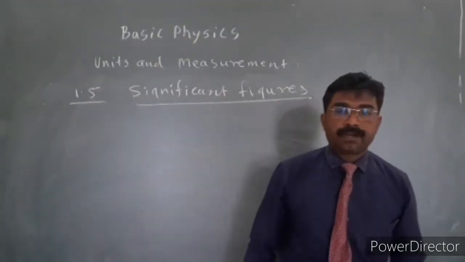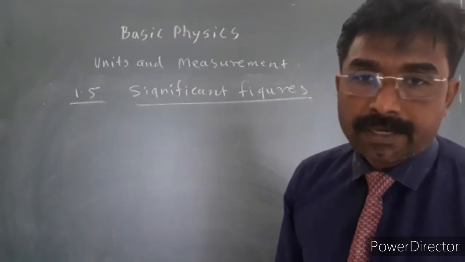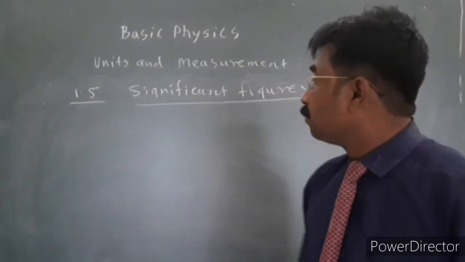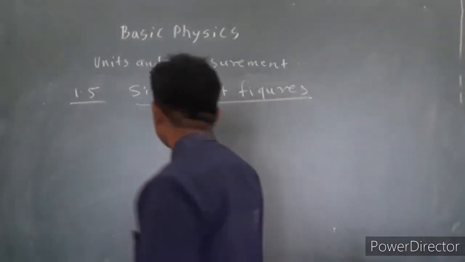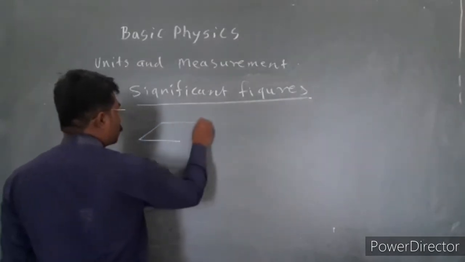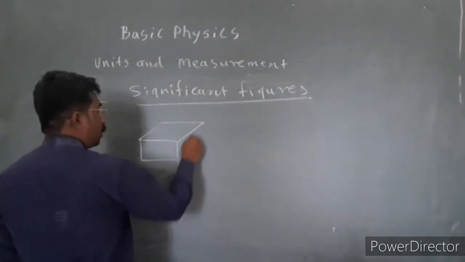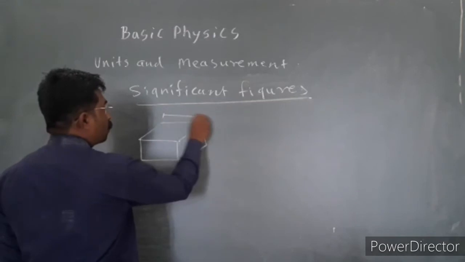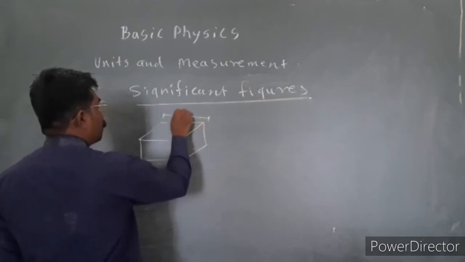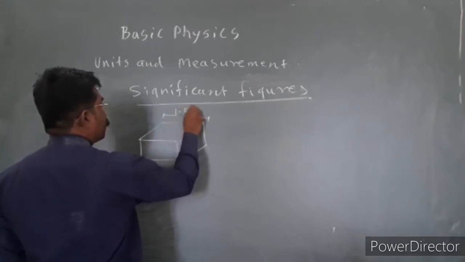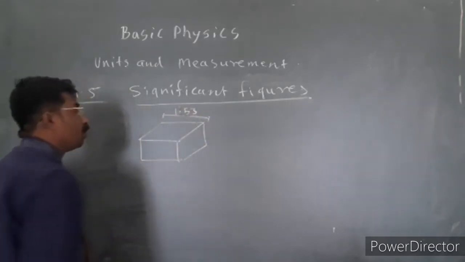So why are significant figures necessary while measuring something? Suppose that this is a box and the length of this box is 1.53 meter.